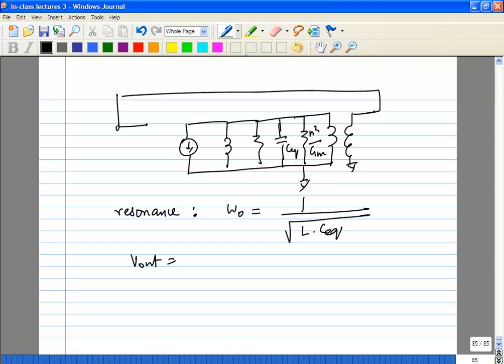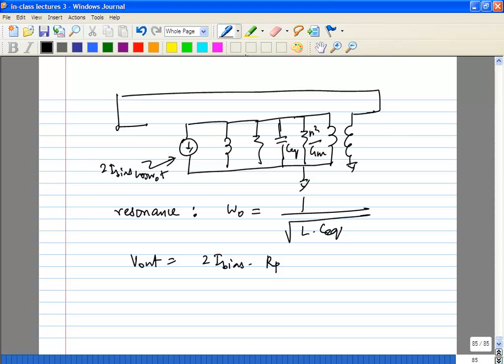What is V out? Remember that the large signal GM is 2 IBIAS over V naught, right?